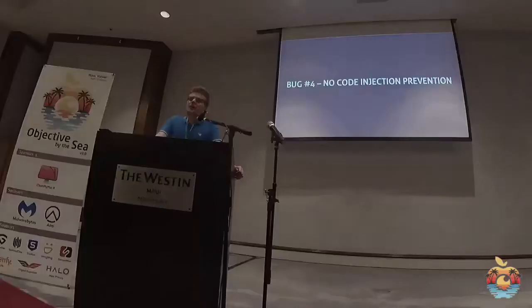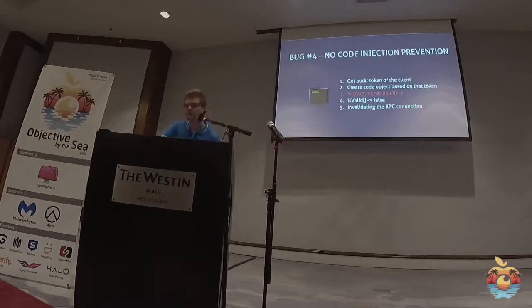So the fourth category of bugs that I've prepared for today, the last one, is no-code injection prevention. Now our general validation algorithm looks as follows. We are now aware that we cannot use the process identifier, so we use the audit token of the client, and we create a code object based on that, and then perform the signature check.